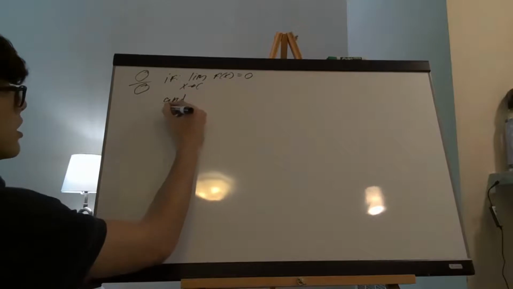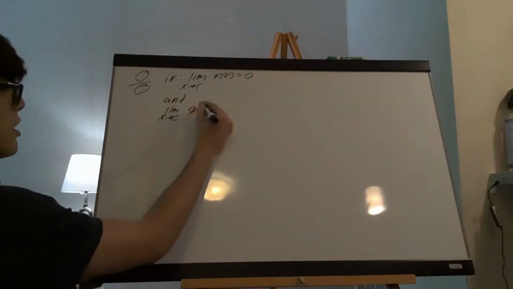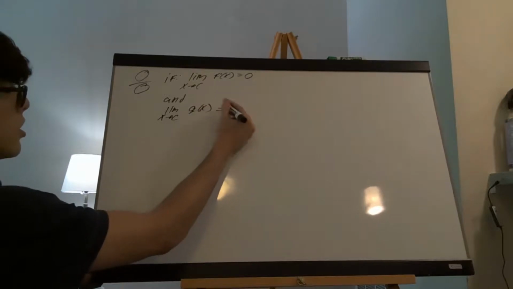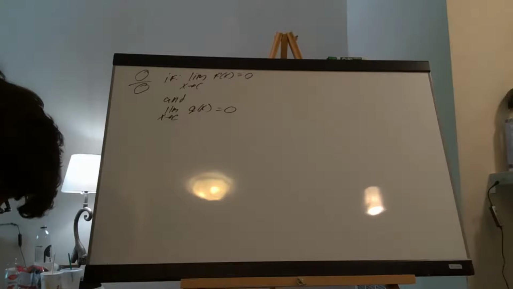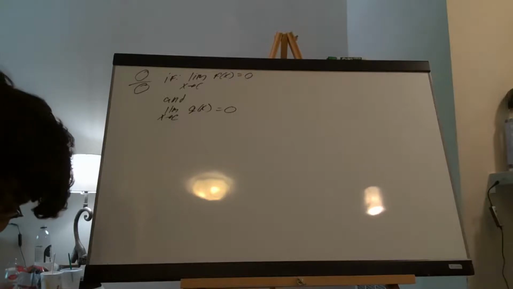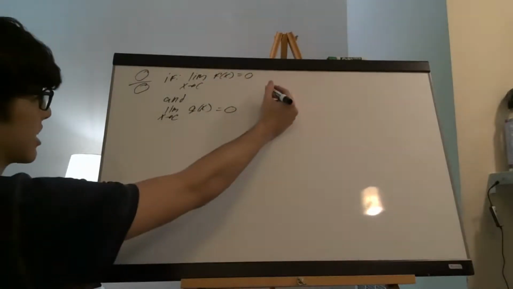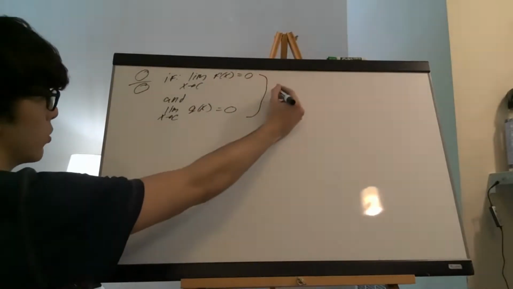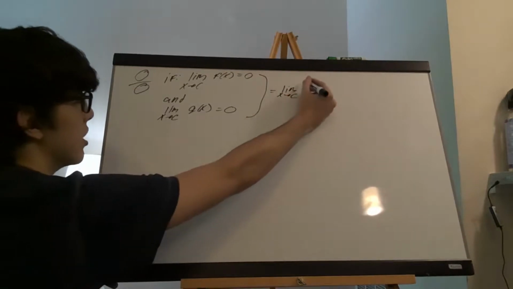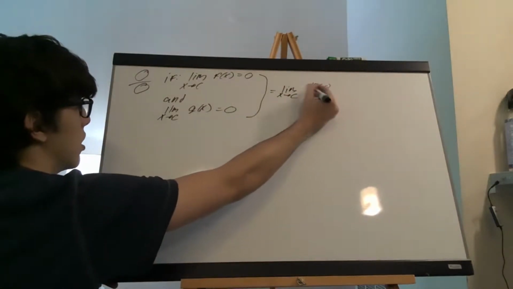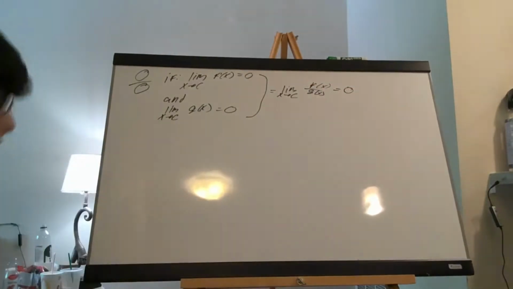And limit as x approaches c of g of x equals 0. This is pretty much telling you how you get it, because all of that is the result of limit as x approaches c for f of x over g of x equals 0.